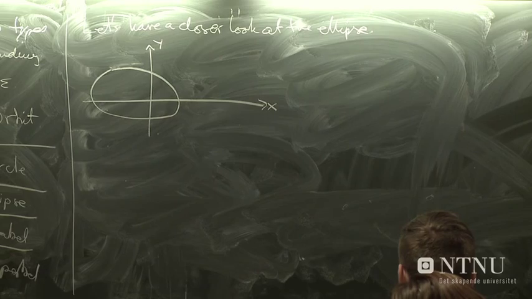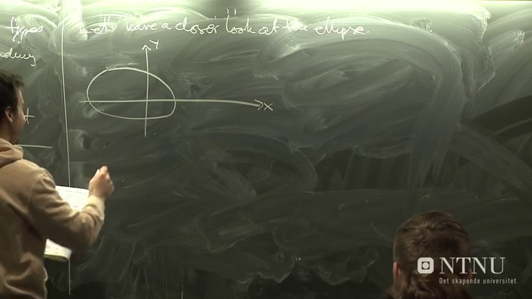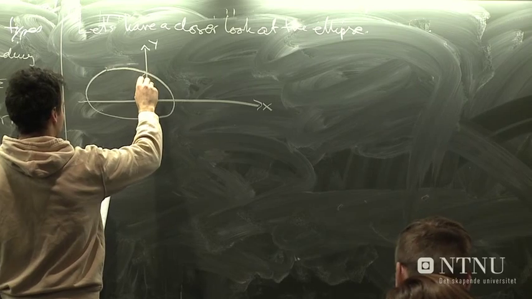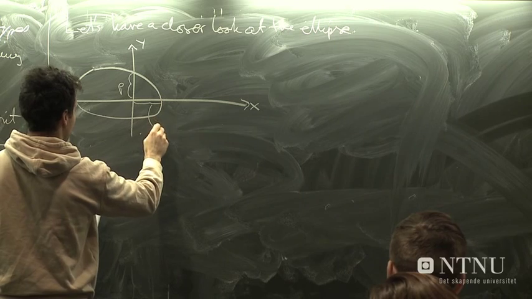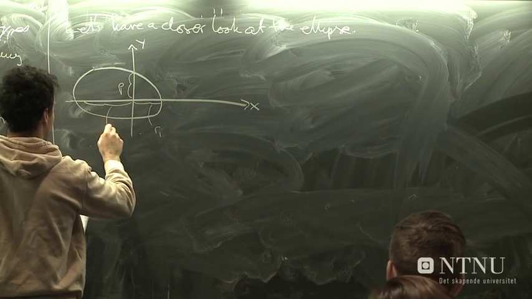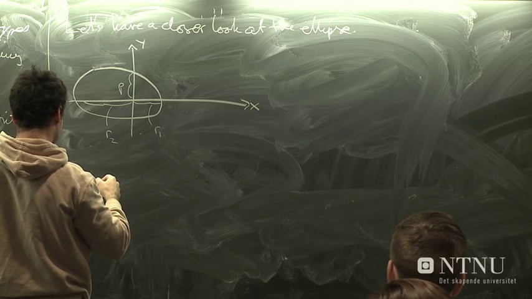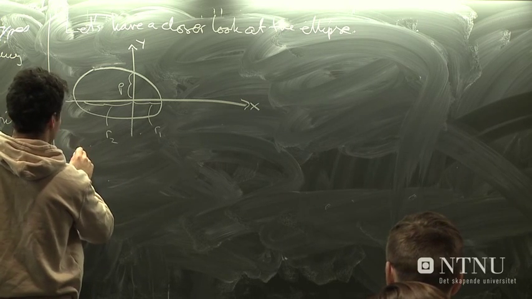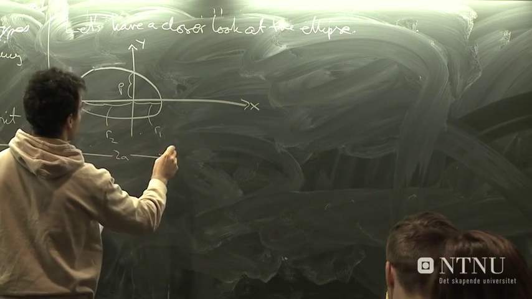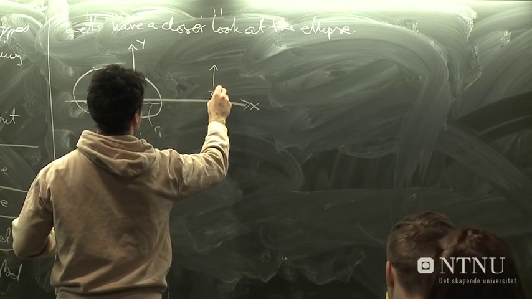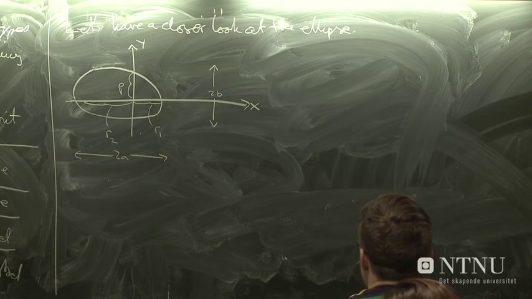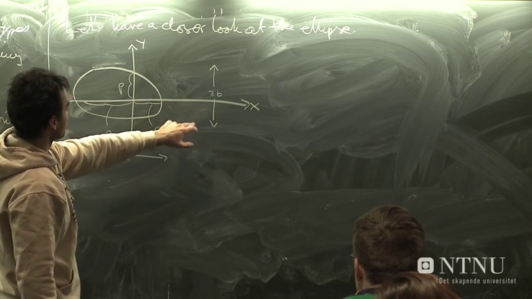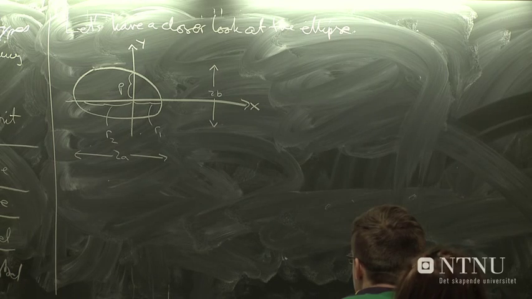Can you live with that being an ellipse? Okay, so when characterizing an ellipse, one usually operates with the two half axes, A and B. In the special case where A equals B, we have a circle.